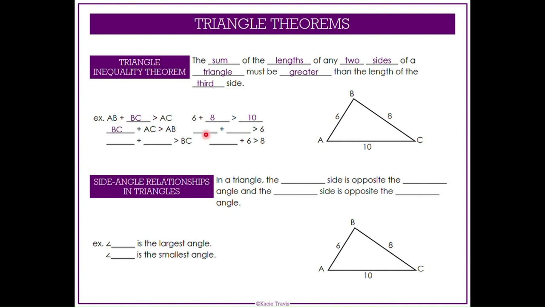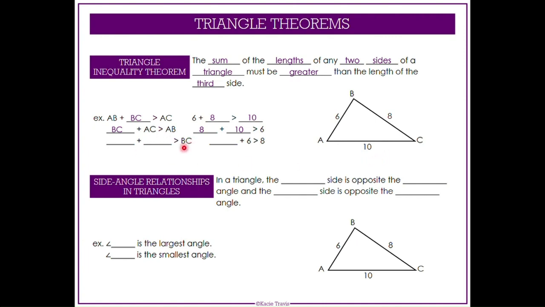For our next one, we have BC plus AC is greater than AB. So this side plus this side has to be greater than this side. If this side is 6, and I add these two, you can obviously see that these two are going to be greater than that. Now, let's check our last one.